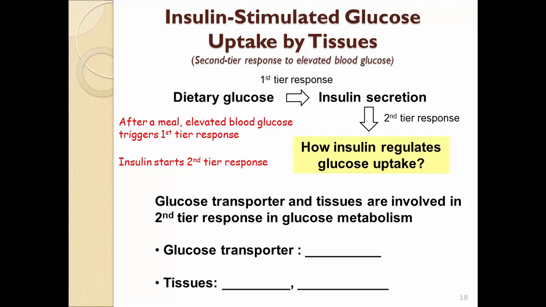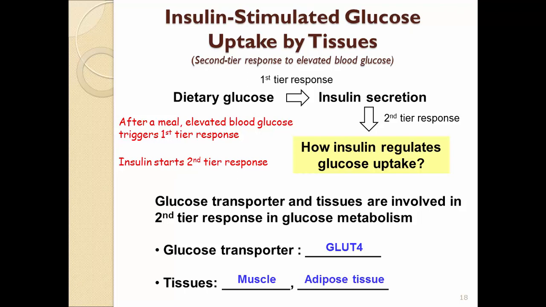Now, which glucose transporter and tissue are involved in the second tier response of glucose metabolism? So here are three blanks I'd like you to fill in. Which glucose transporter is involved in the second tier response? GLUT4, yes. And which tissue is involved in the second tier response? Yes, muscle and adipose tissue, right?